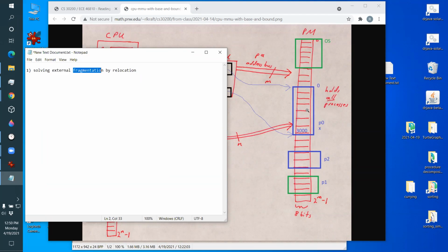People use these words for hard drives too, for storage space. Fragmentation is that memory is being cut up into lots of little unusable chunks. And you want to solve the external fragmentation problem, in this case by relocating, sliding processes up or down so that these free regions get coalesced.